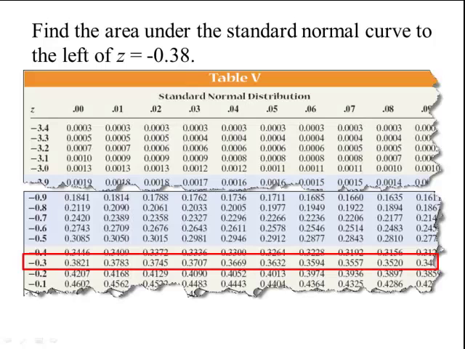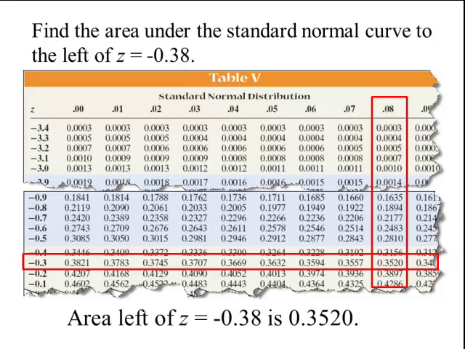First we get the row component, which is negative 0.3, and then we need to get our column component, which is 0.08. And where these intersect, that will be our answer. So the area to the left of z equals negative 0.38 is 0.3520.